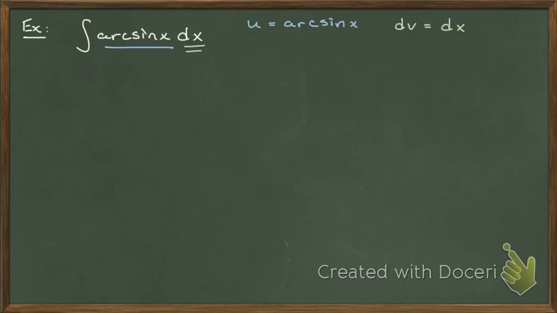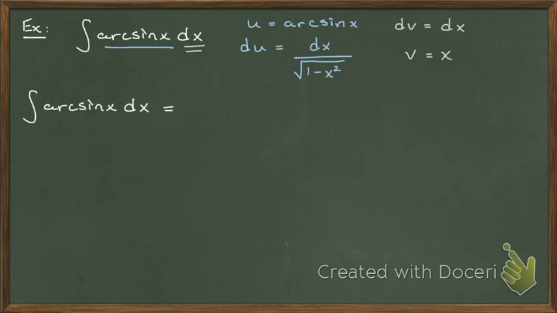That means du, the derivative of arcsine, is dx divided by square root of 1 minus x squared. And the antiderivative of dx for v there is just x. Okay? So my integral of arcsine is equal to uv, x times arcsine of x, or arcsine of x times x, minus the integral of v du.